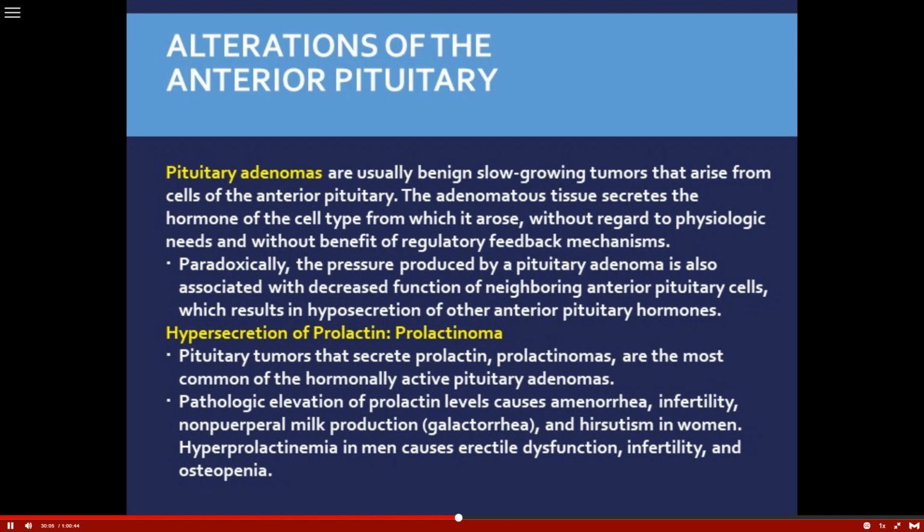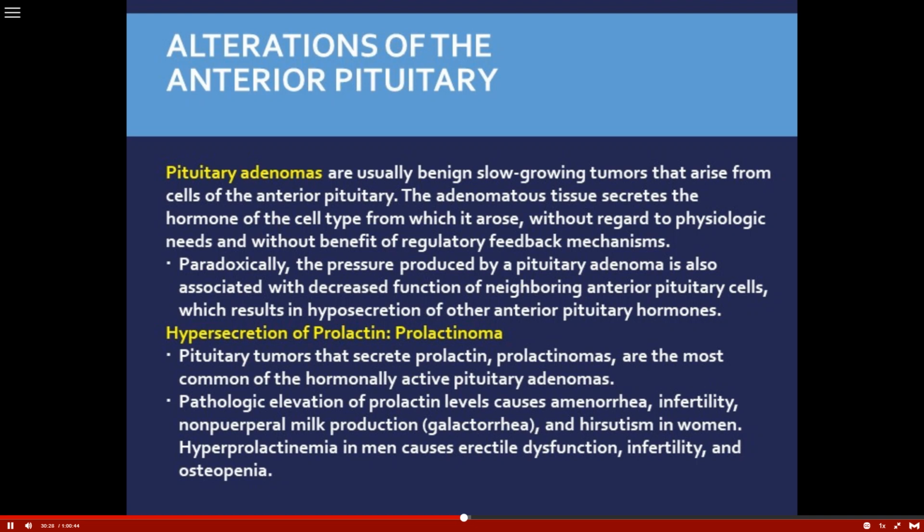TSH, thyroid stimulating hormone, pretty important, right? Those two are big heavy hitters when we talk about the anterior pituitary. So let's talk about primary adenomas. They're usually very slow growing, and a lot of times are actually benign.